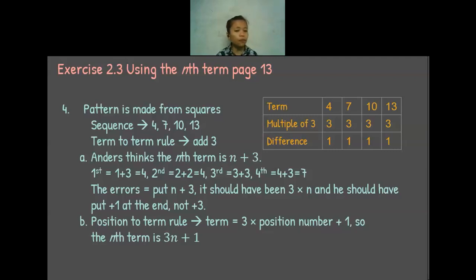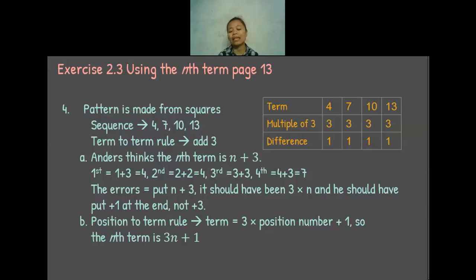For question 4a, it says, Anders thinks that the nth term for the sequence of the number of squares is n plus 3. Anders is wrong. We have to check what error Anders has made. Before we define whether it is correct or not, you can check it first.